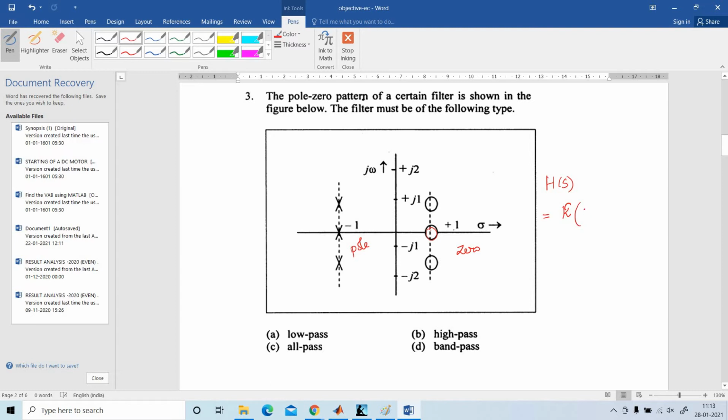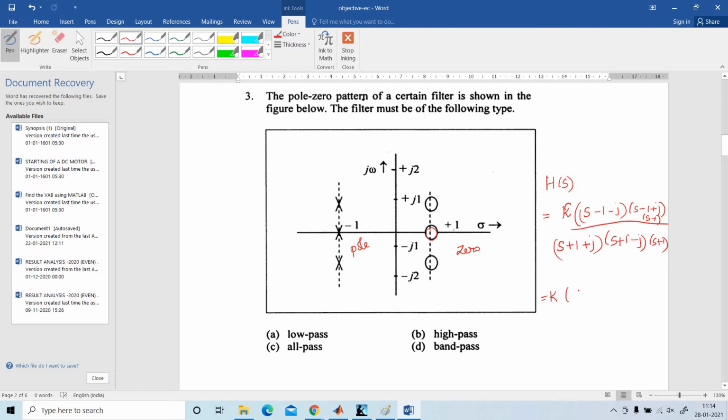K is the gain. So S minus 1 minus J, S minus 1 plus J in the numerator, divided by S plus 1 plus J, S plus 1 minus J in the denominator.